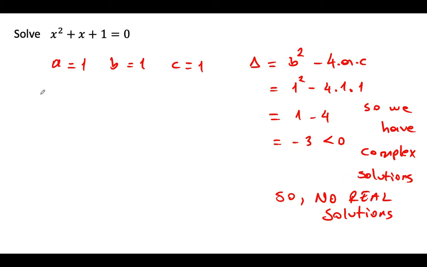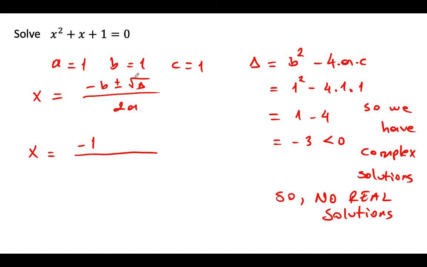In order to find the roots, we can use the formula, which is negative b plus minus root delta over 2a. So the first x will be negative 1, since b is 1, minus root delta, which is root of negative 3, over 2 times a.